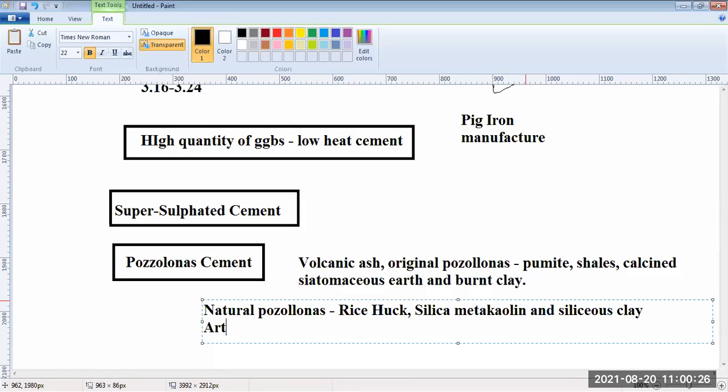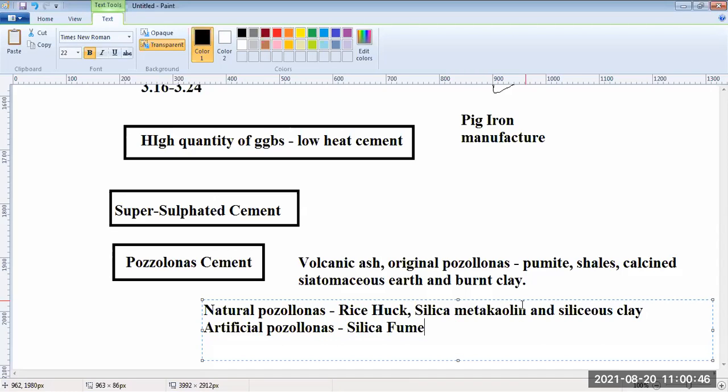The artificial one, which is neither available from the volcanic or the original pozzolanas, neither from nature, you are manufacturing them. Now, artificial pozzolana is the silica fume that I discussed some days back, and you can also add the fly ash into the category. So these are the pozzolanic materials.